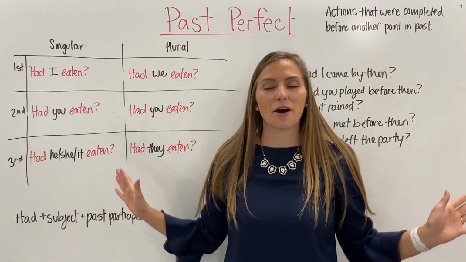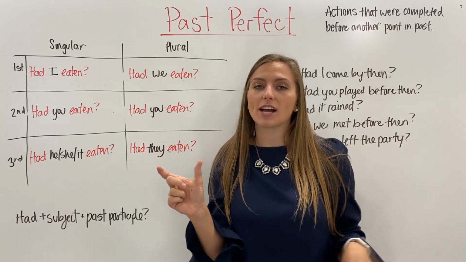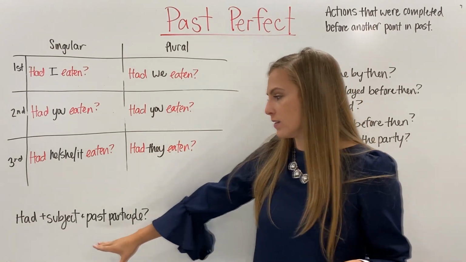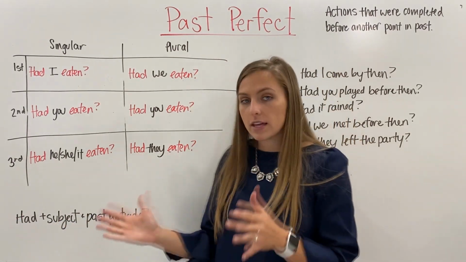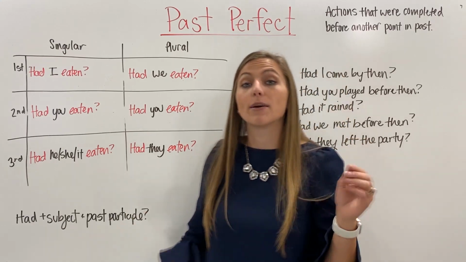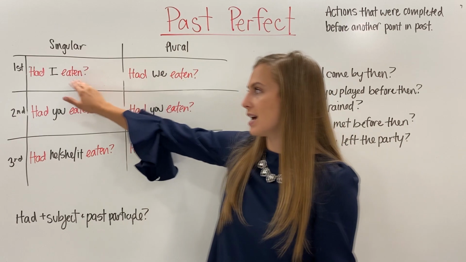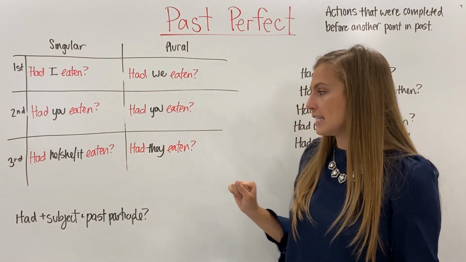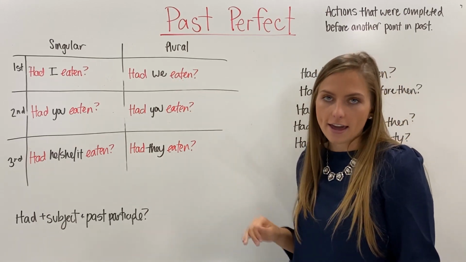For questions, the only thing we have to do is switch the place of the subject and the first verb or the helping verb. As you can see, we start with had instead of the subject. Then we have the subject. Then we have the past participle. So as you can see, had I eaten, had you eaten, had he, she, or it eaten, had we eaten, had you eaten, had they eaten.